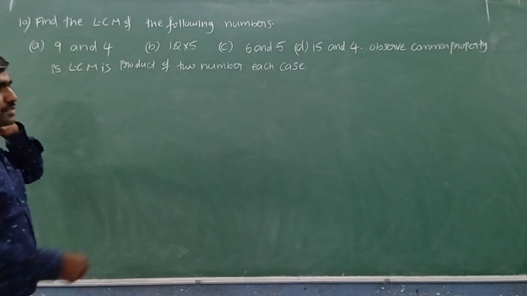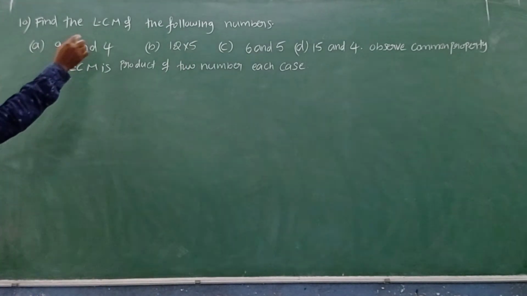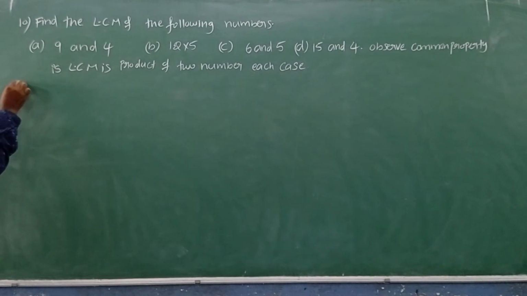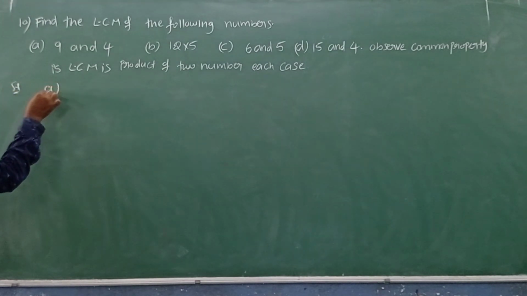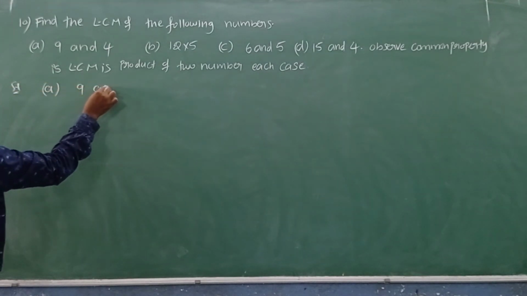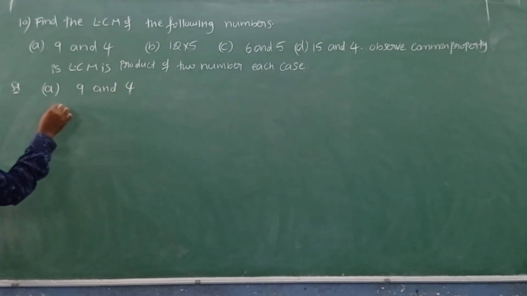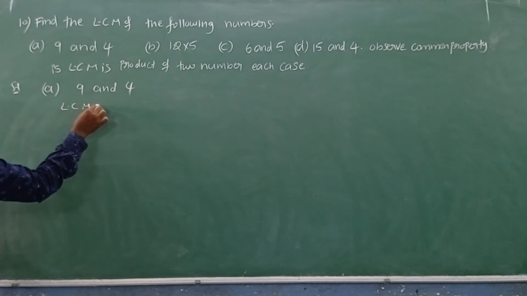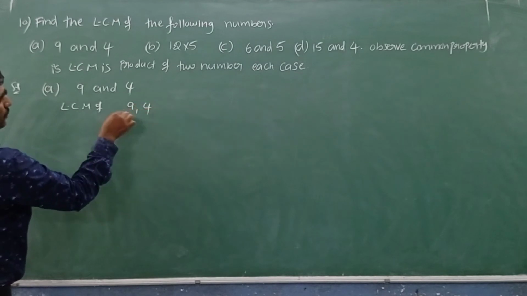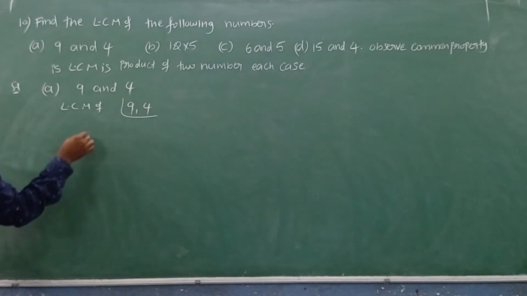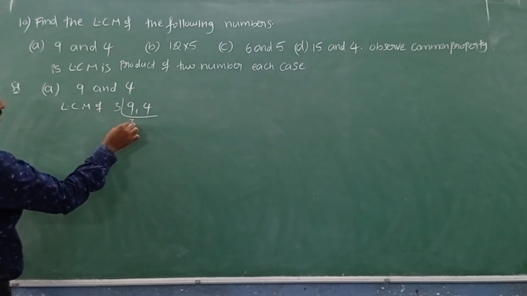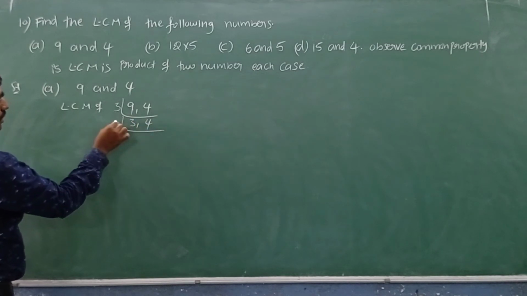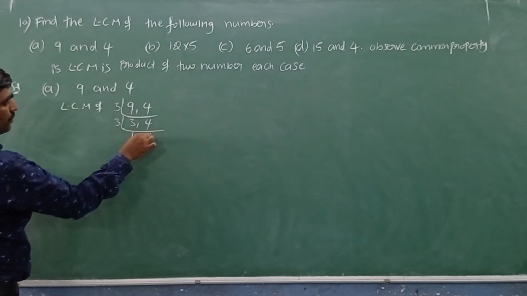So to answer all these questions, first we need to find the LCM. Let us go for the first one: 9 and 4. Let us find the LCM of 9 comma 4. How can I find it? Let me take 3, 3 threes are 9, 4 as it is. Again 3 table, 3 ones are 3, 4.